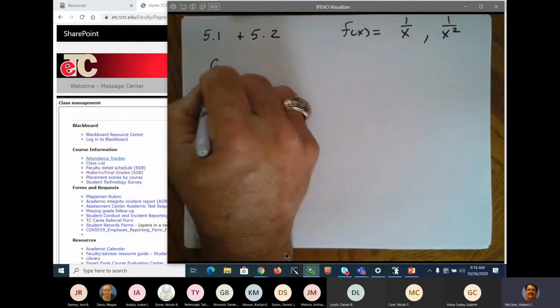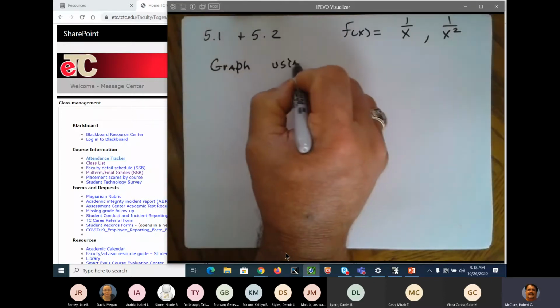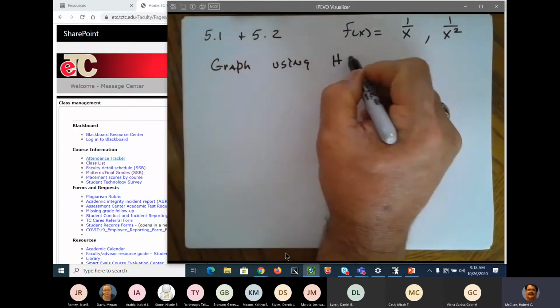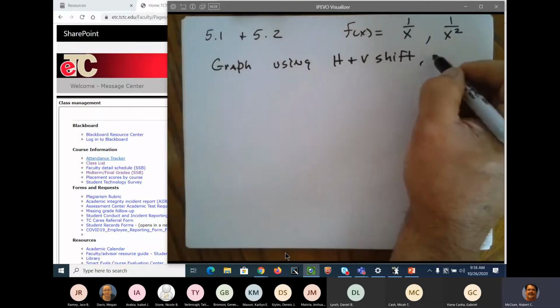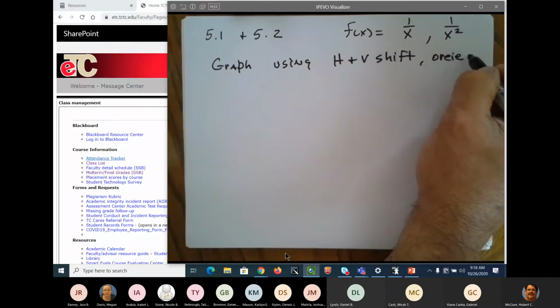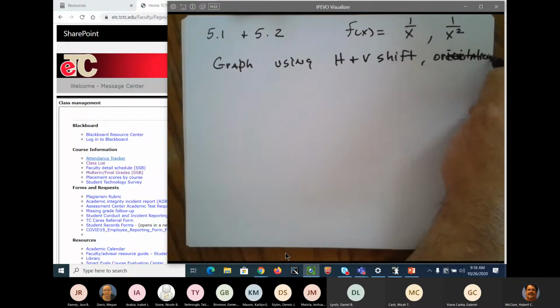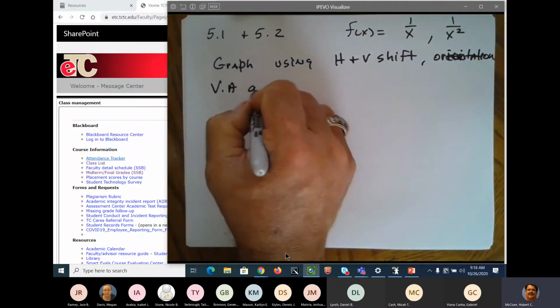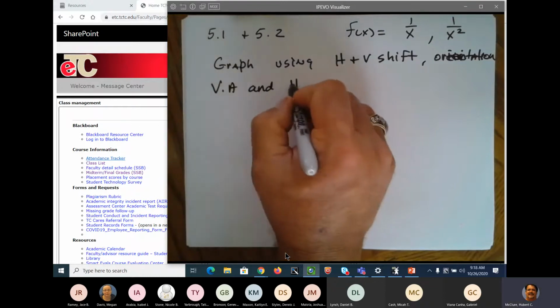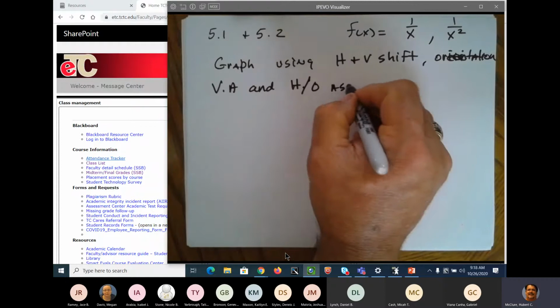And graph using horizontal and vertical shift, orientation, vertical and horizontal / oblique asymptotes.